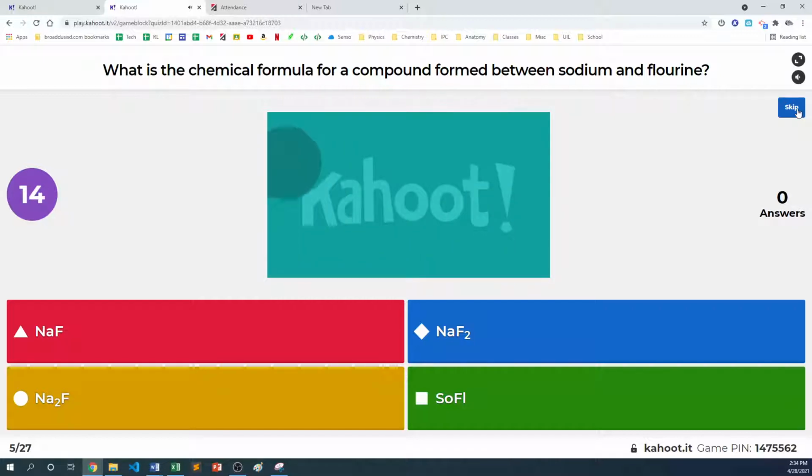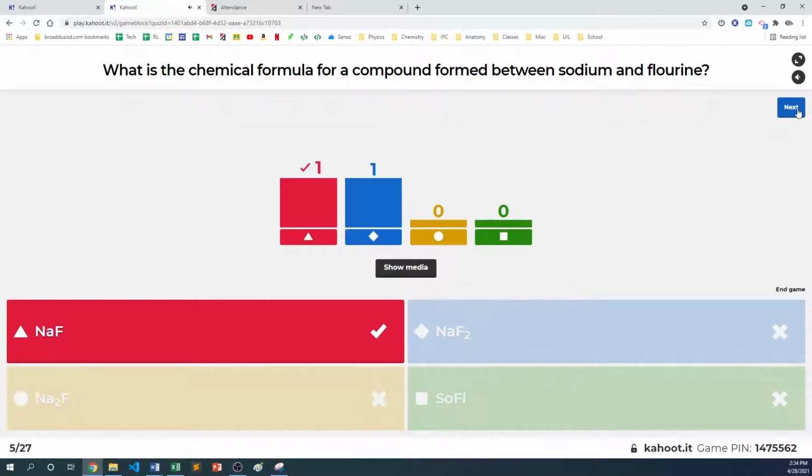You need to move up to see. So, sodium is plus 1. Fluorine is minus 1.